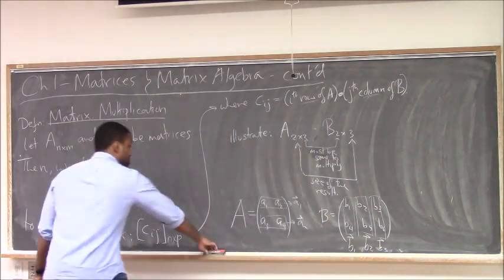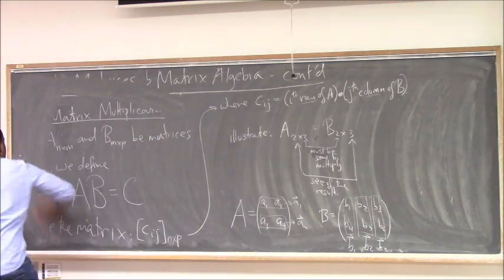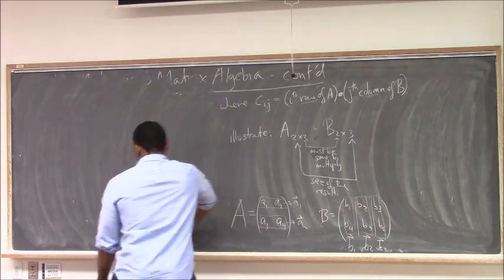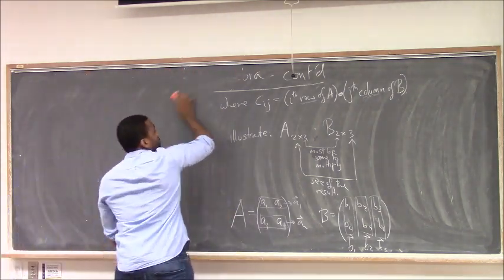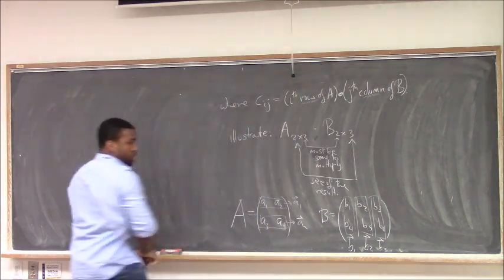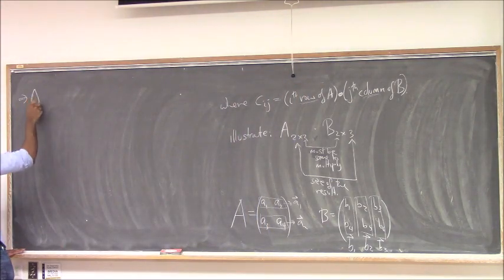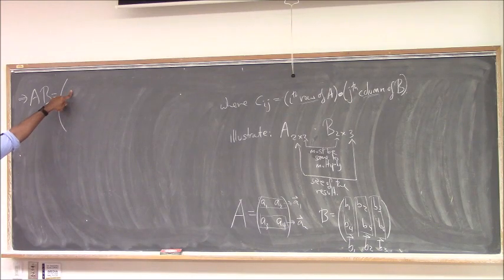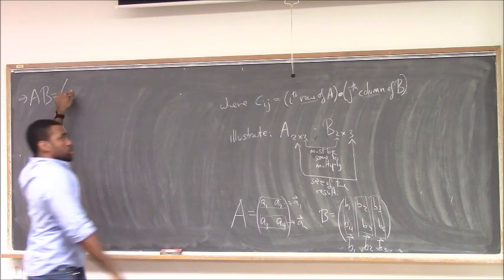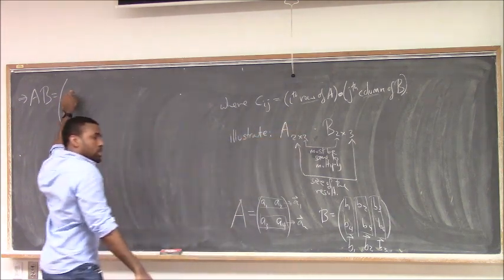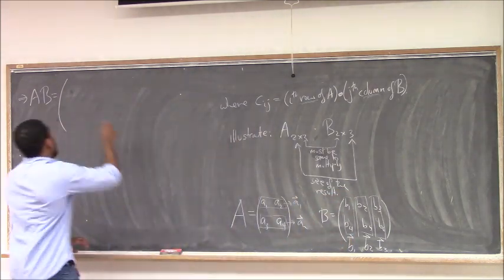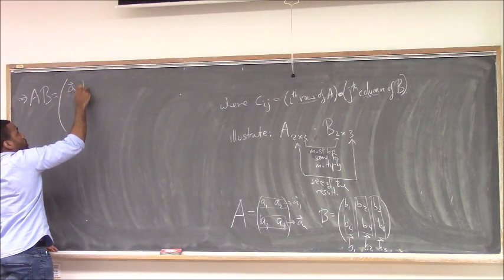Then your AB would look like the following. The part in position 1,1 would be the first row of A dot product with the first column of B. So I take A1 dot B1, and the result goes here.